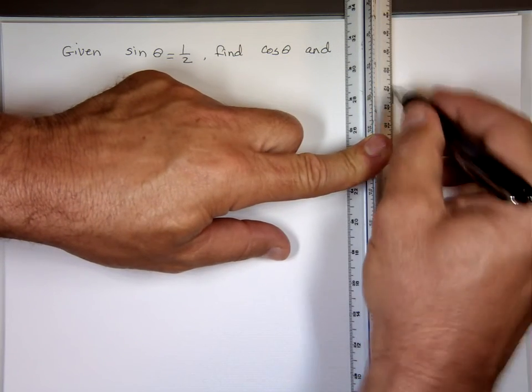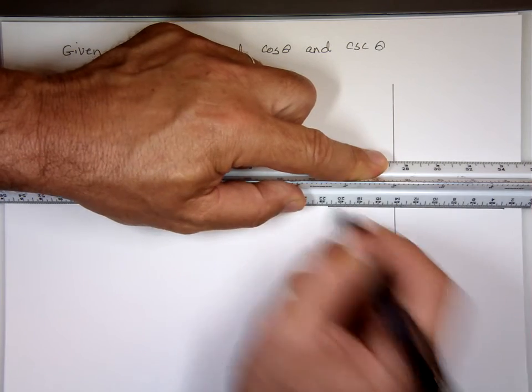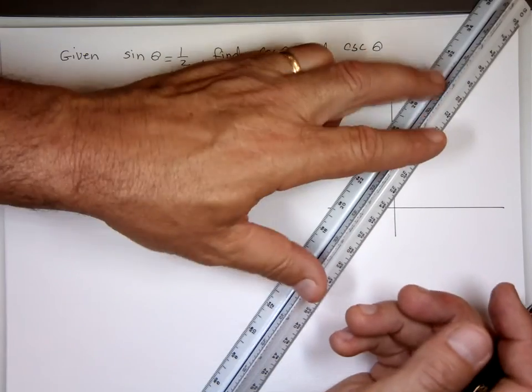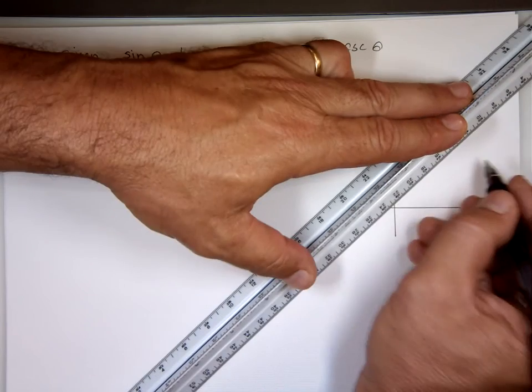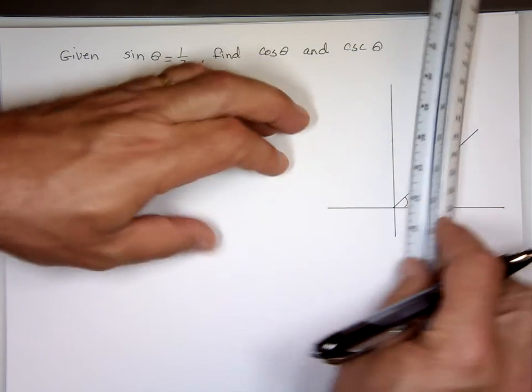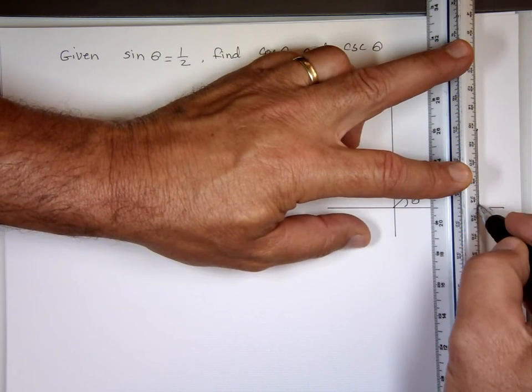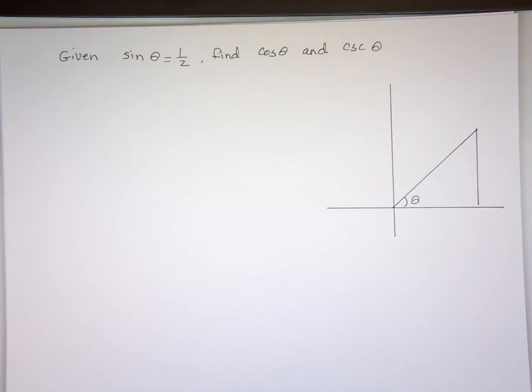I could ask for the rest of them, actually, the rest of the trig functions. I'm drawing just an angle here. I'm not drawing it to scale. We've given you the sine to be 1/2.